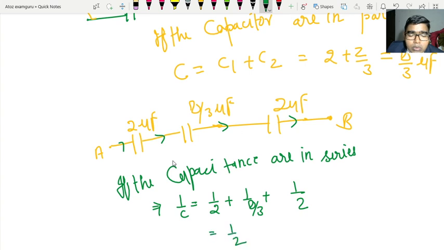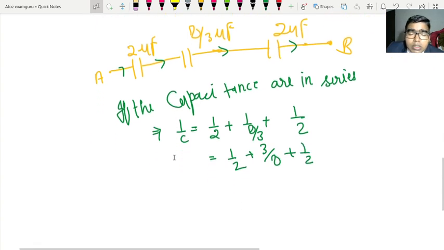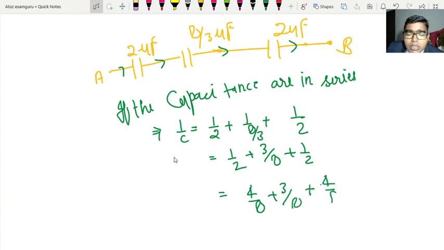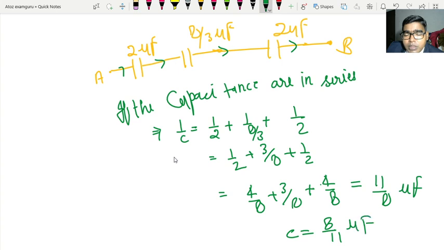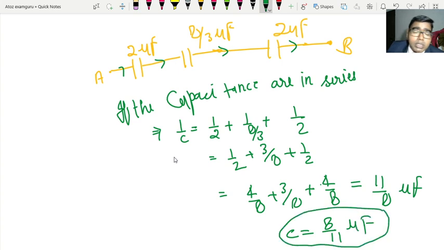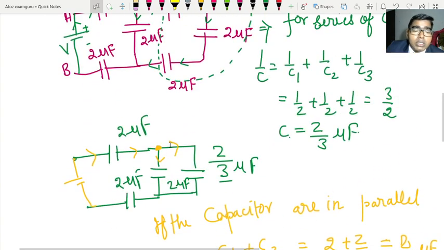Now 1 by 2 plus 3 by 8 plus 1 by 2 is 4 by 8 plus 3 by 8 plus 4 by 8, which is 11 by 8. So C equals 8 over 11 microfarad. So this is the capacitance of this circuit.